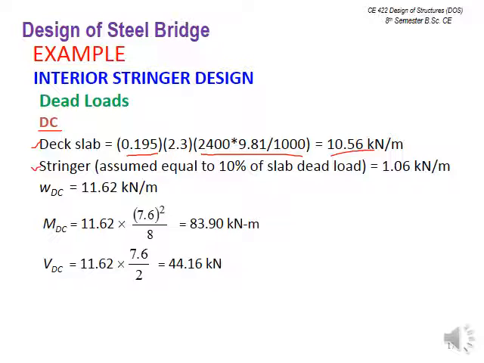For the stringer, you have assumed 10% of it, so that will be 1.06. Adding both, you get 11.62. For this concrete deck slab load, you get the moment and the shear. Your moment comes out to be 83.90 and your shear will be 44.16.